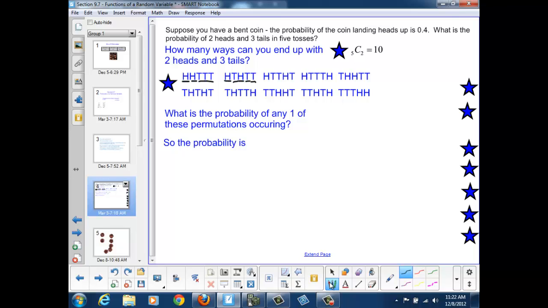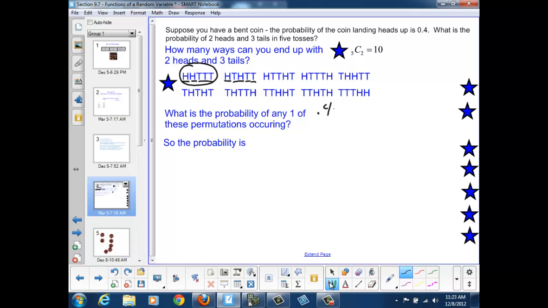So with these 10 different ways, what's the probability of any one of these permutations occurring? Well, if I look at the first possible way that they could occur, that would mean that I had a head thrown on the first throw, and the probability of that happening is 0.4. And then I had a head on the second throw.